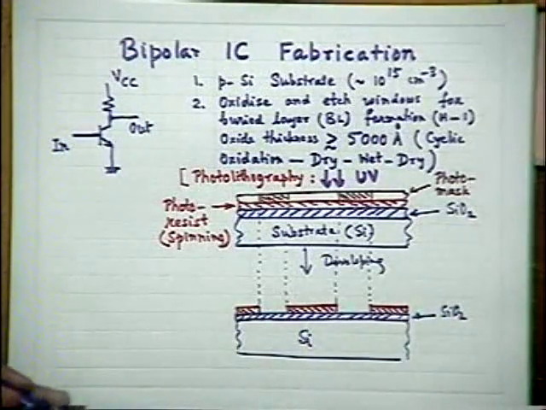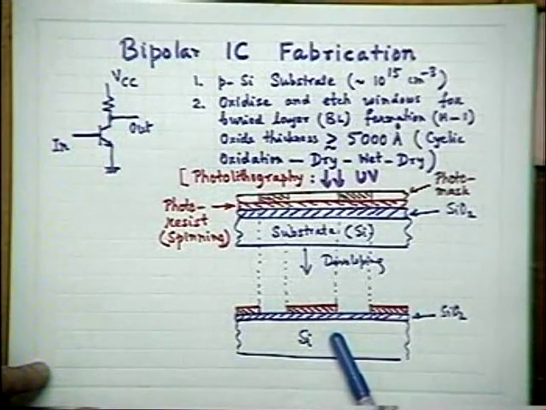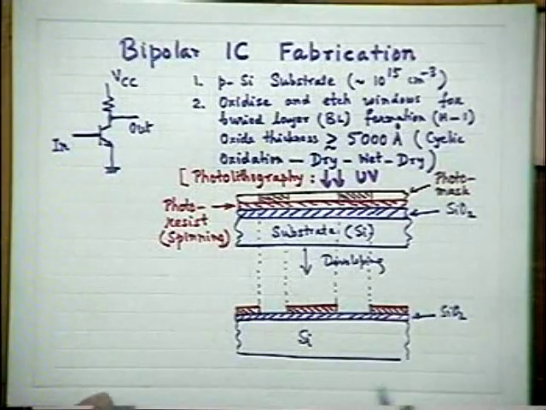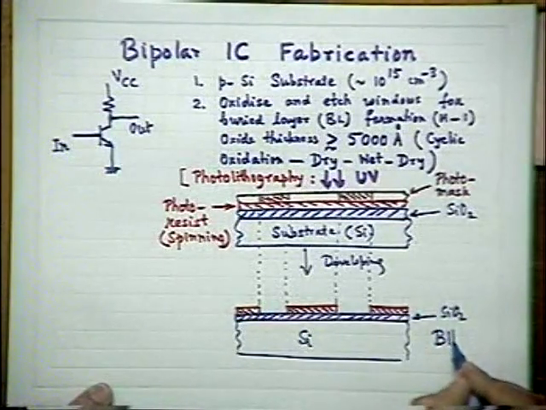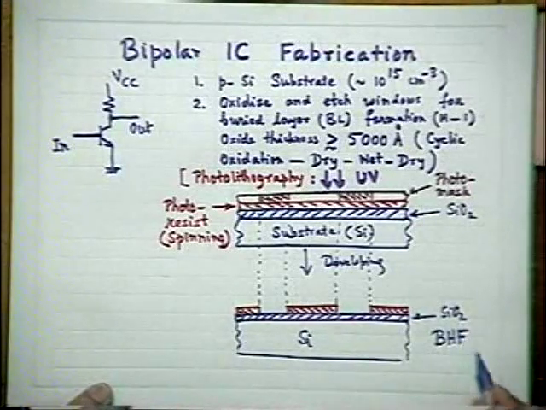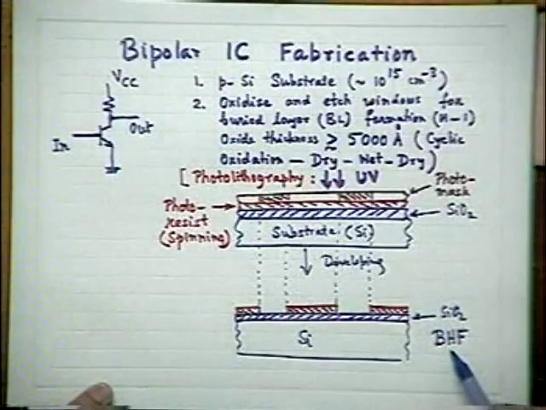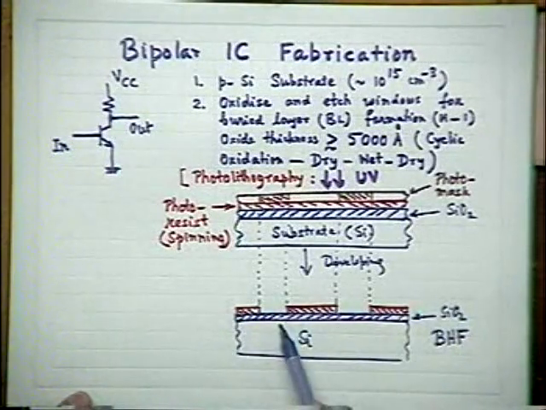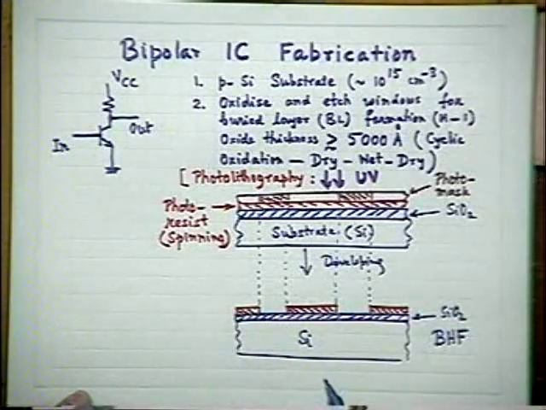So you have to take an etchant which will etch off silicon dioxide, but will not etch silicon. And a very simple etchant for this is called buffered hydrofluoric acid, BHF.